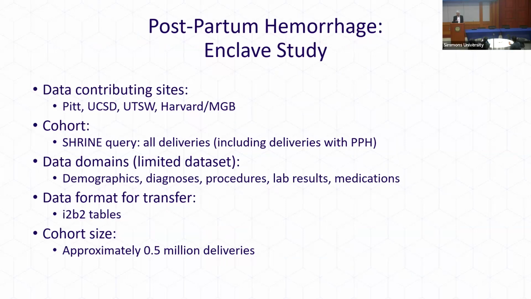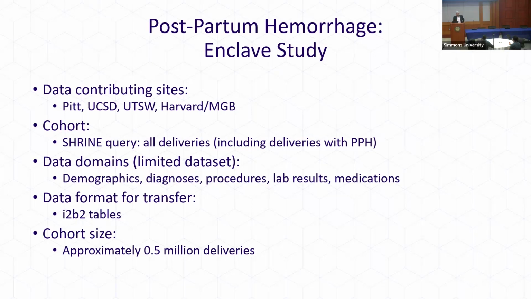And we moved all the standard data domains that are present in ACT, so that's demographics, diagnosis, procedures, lab results, and medications, which corresponds to the cohort that we cared about, which is all deliveries, basically. And so the data gets moved in I2B2 tables, but at the Enclave, they can be translated into whatever you want. So if you want an OMOP formatted set of tables, we can do that.